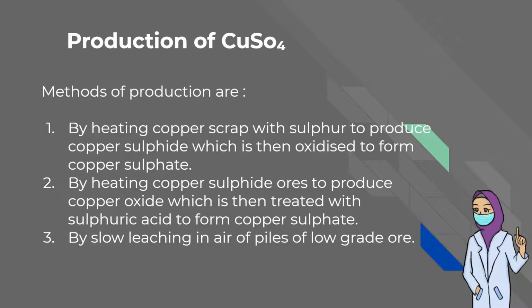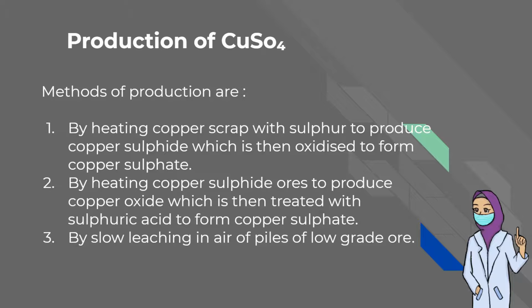So, now we will talk about the production of copper 2 sulfate. These are the methods of production, how to produce copper 2 sulfate. The first method is by heating copper scrap with sulfur to produce copper sulfide, which is then oxidized to form copper sulfate.